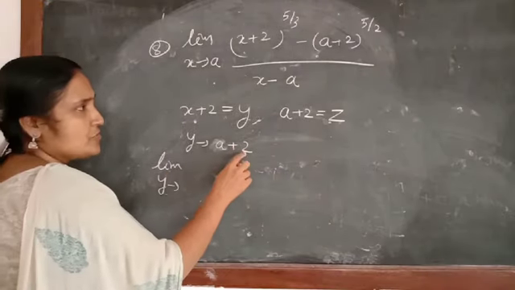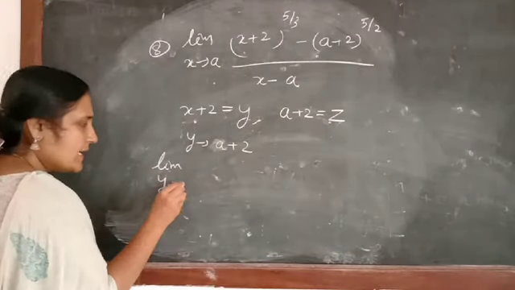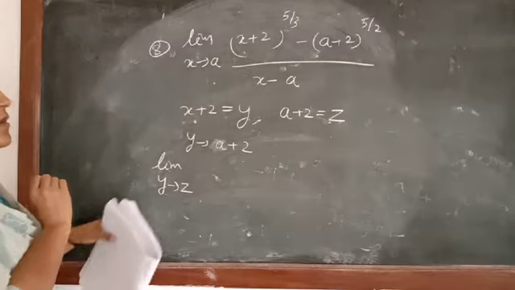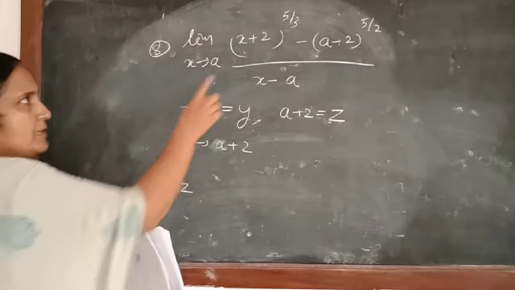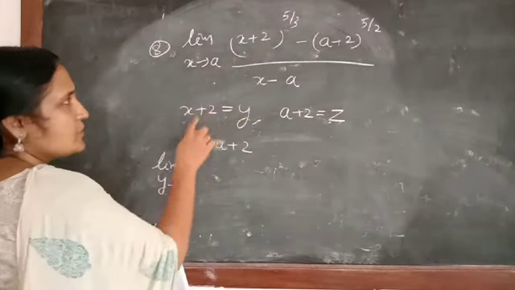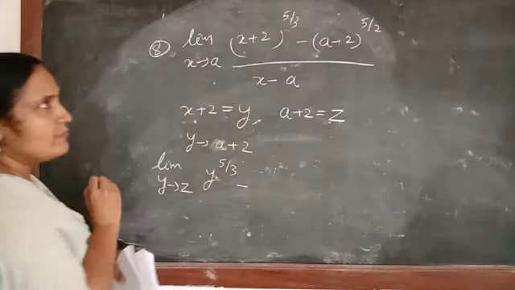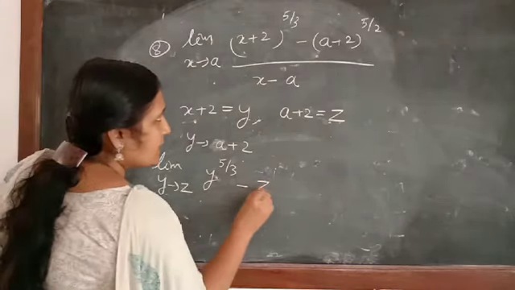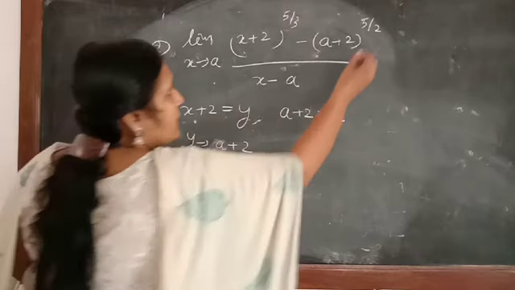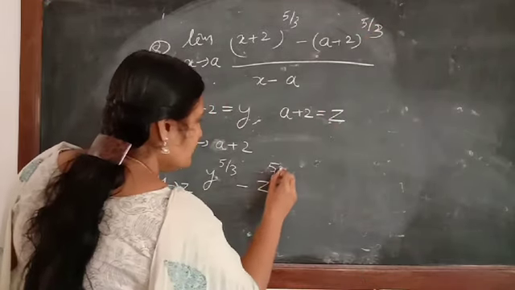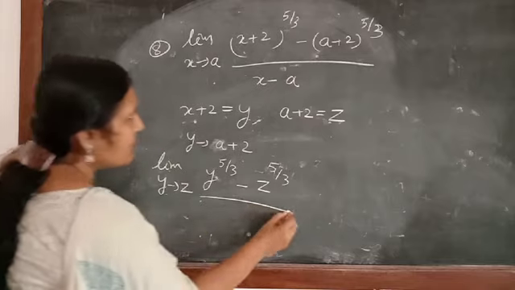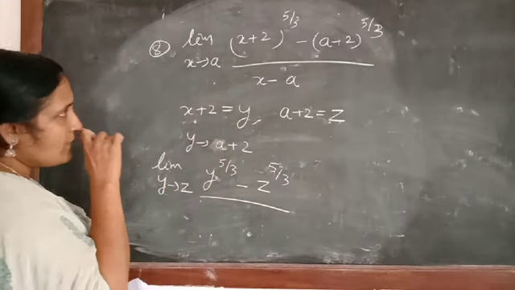And what is a plus 2? A plus 2 is z. So just to write down there, limit y tends to z. In place of x plus 2, what we can substitute? Y. So it will be equal to y raised to 5 by 3 minus z raised to 5 by 3 by, in place of x what we will write?